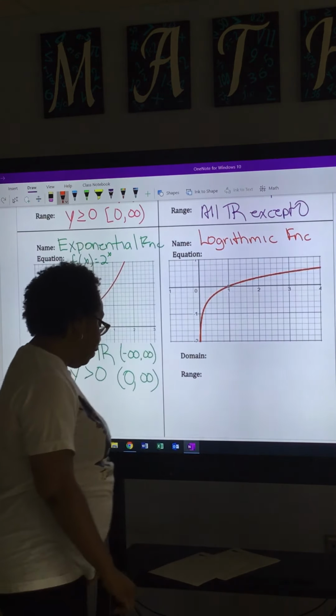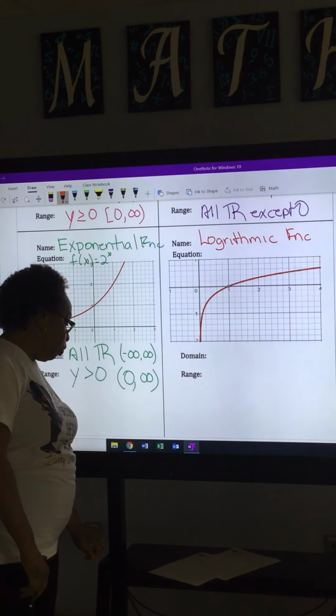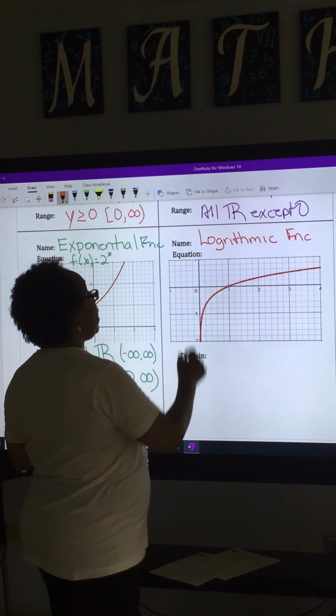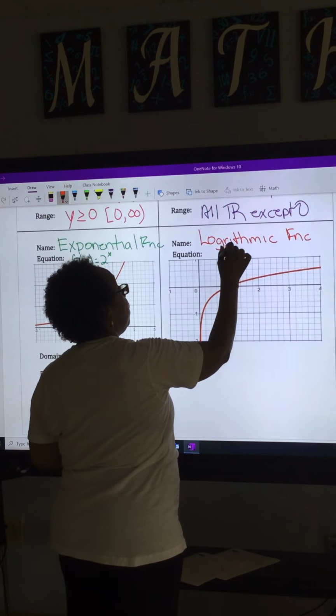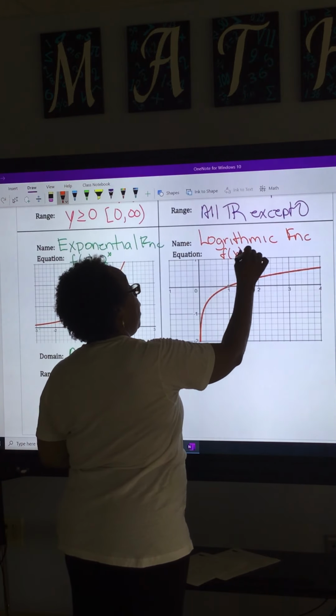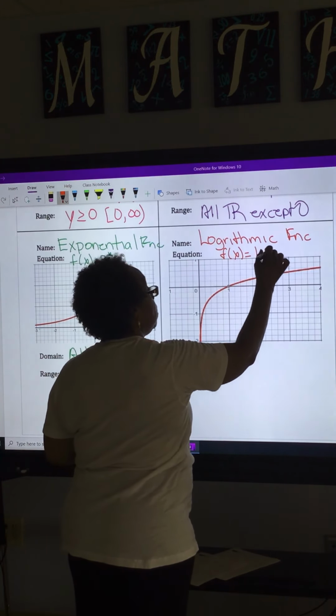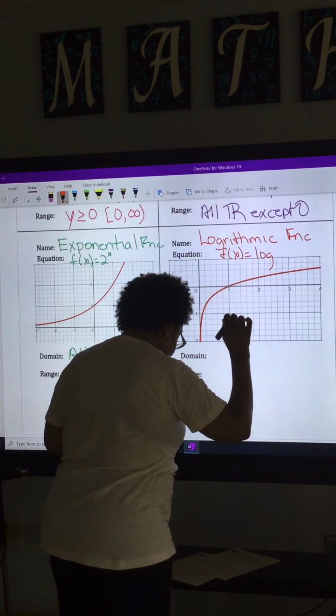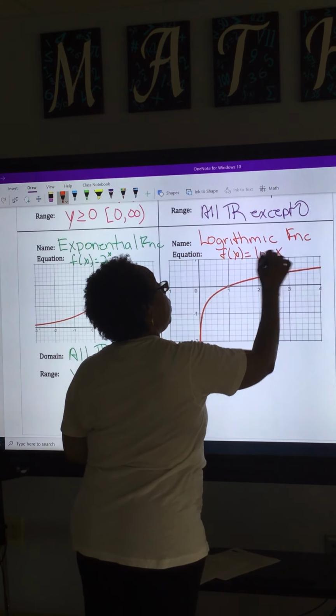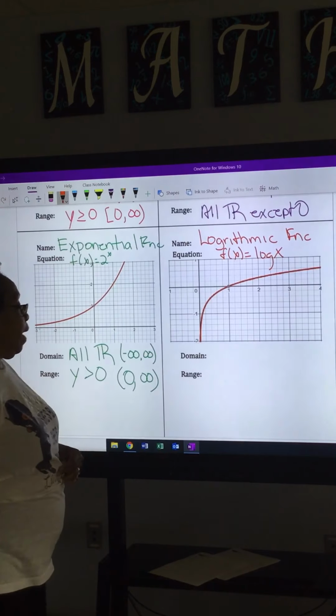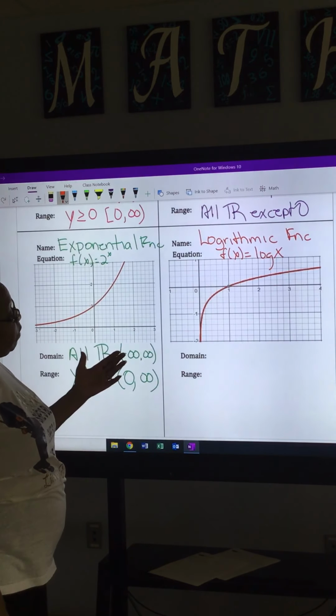So in this particular function right here, your equation looks like this. It is f of x equals log x. Log x, okay? So when you look at this, we could even look at this right now.